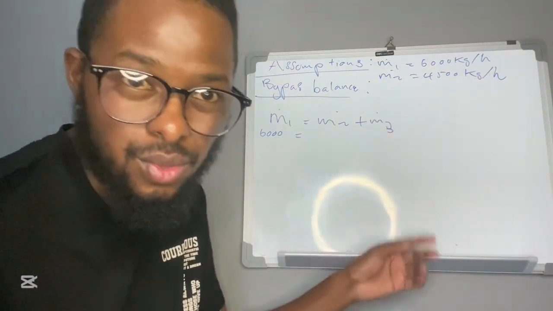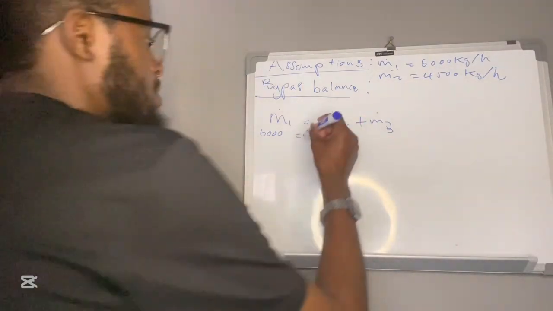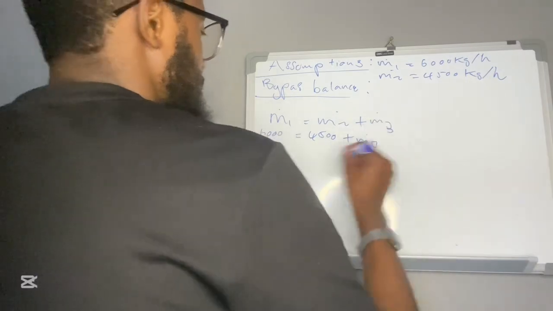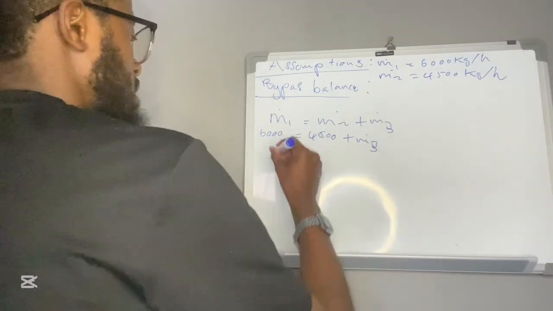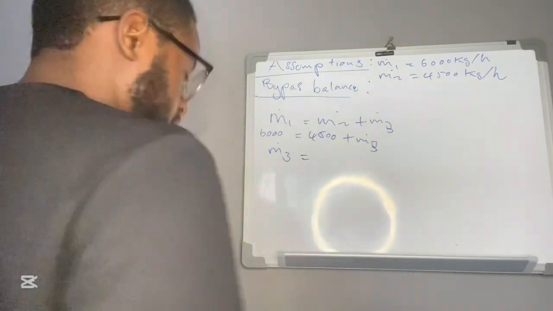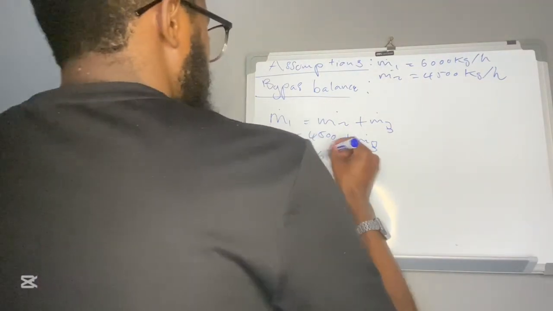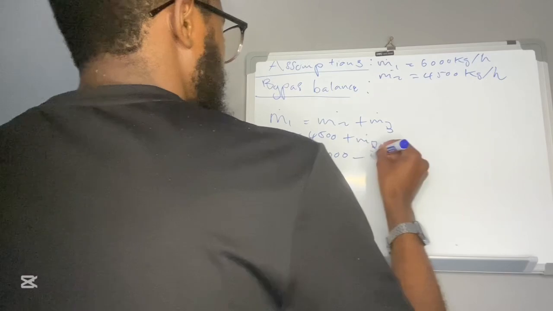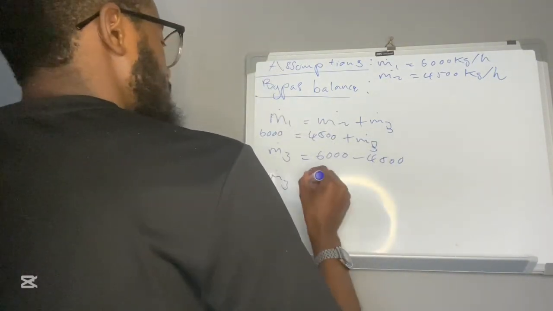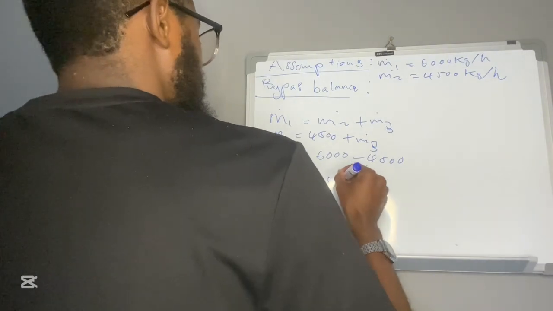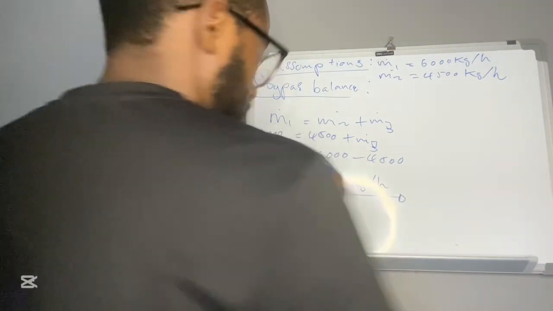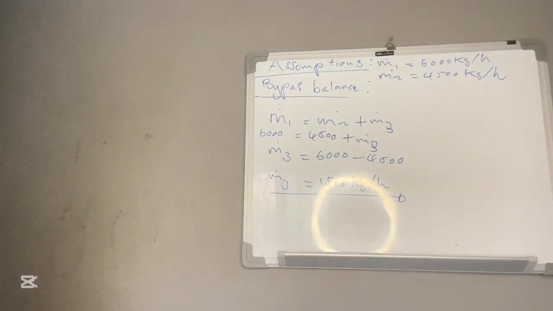So M2 is 4,500. So now M3 is equal to 6,000 minus 4,500. So M3 is 1,500 kilograms per hour. Right.